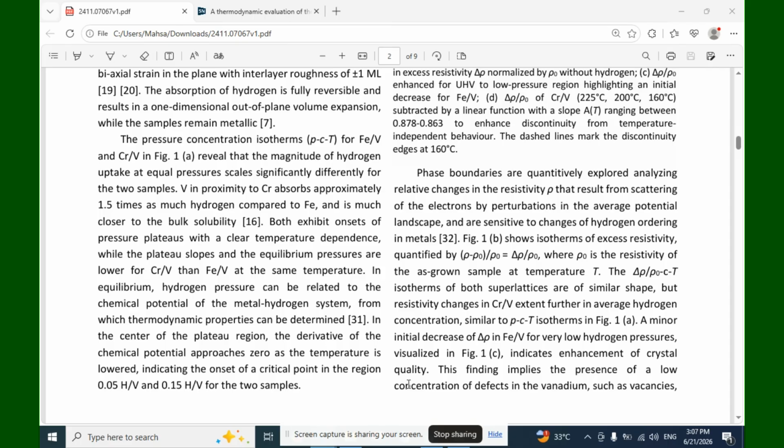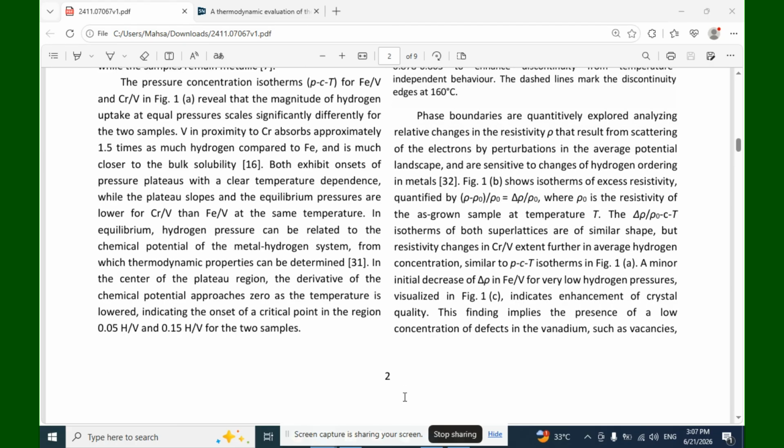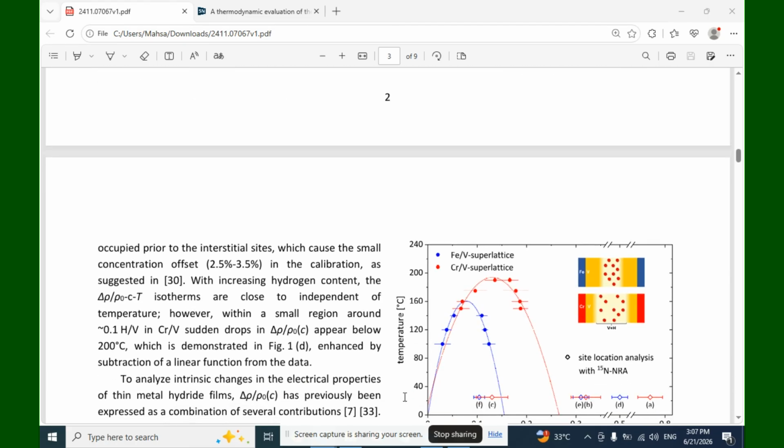This finding implies the presence of a low concentration of defects in the vanadium, such as vacancies occupied prior to the interstitial sites, which cause a small concentration offset of 2.5% to 3.5% in the calibration, as suggested in reference 30, with increasing hydrogen contents.